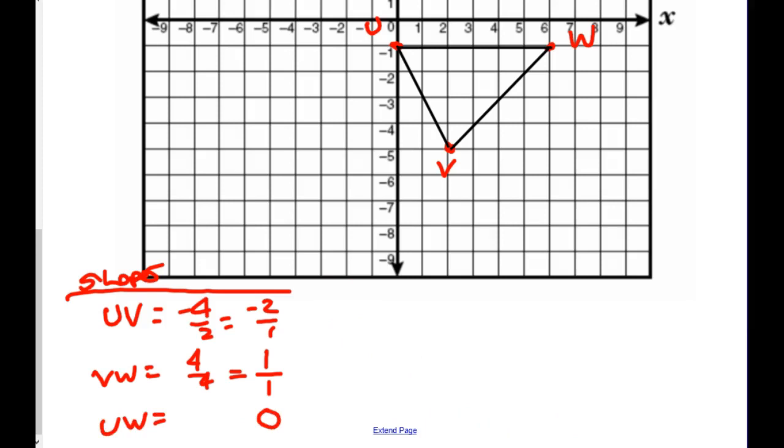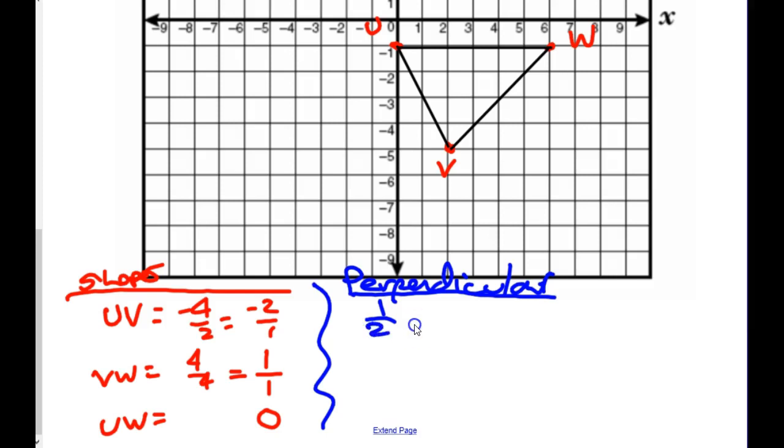Now you'll remember, not only do you find the slopes, but you want to find the perpendicular slopes. That way we can make these altitudes. That's how you make an orthocenter. Perpendicular means opposite reciprocal. What's the opposite reciprocal of negative 2 over 1? Positive 1 over 2.